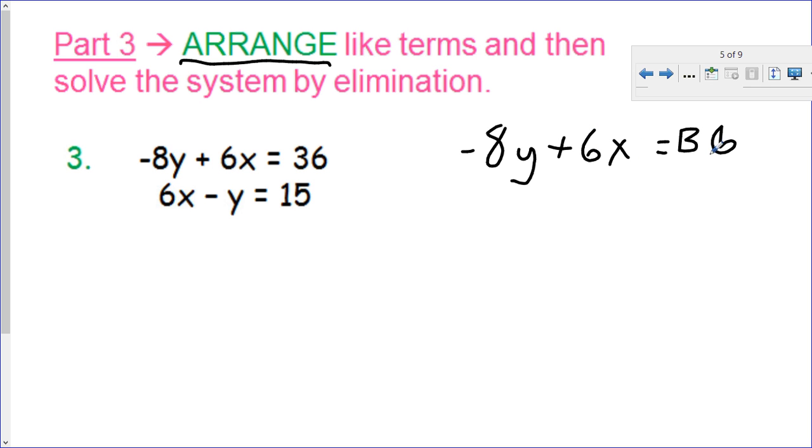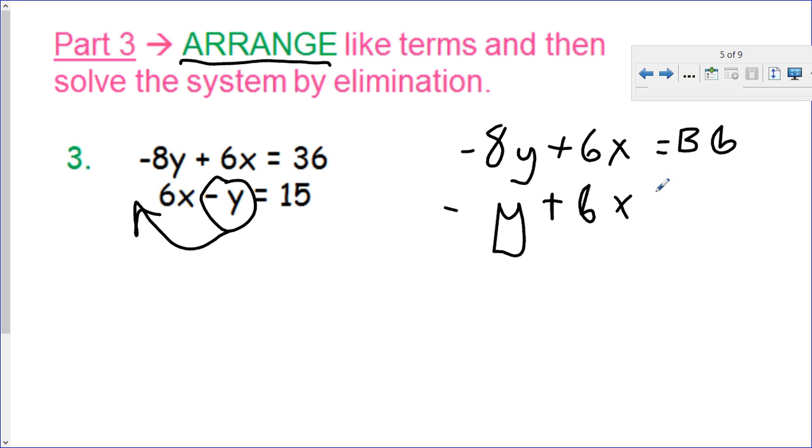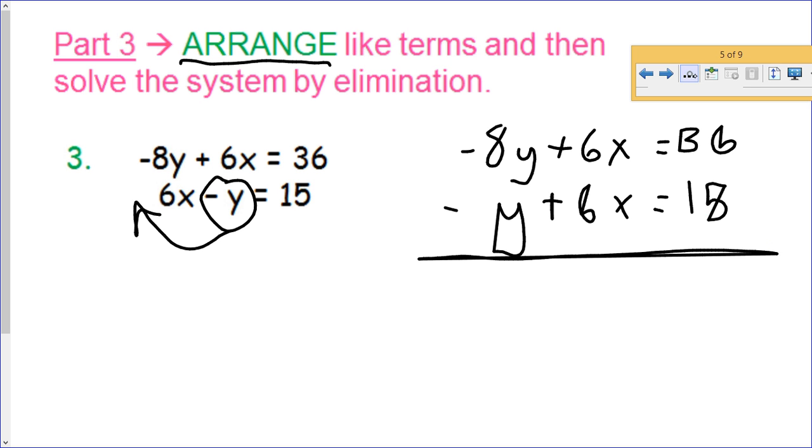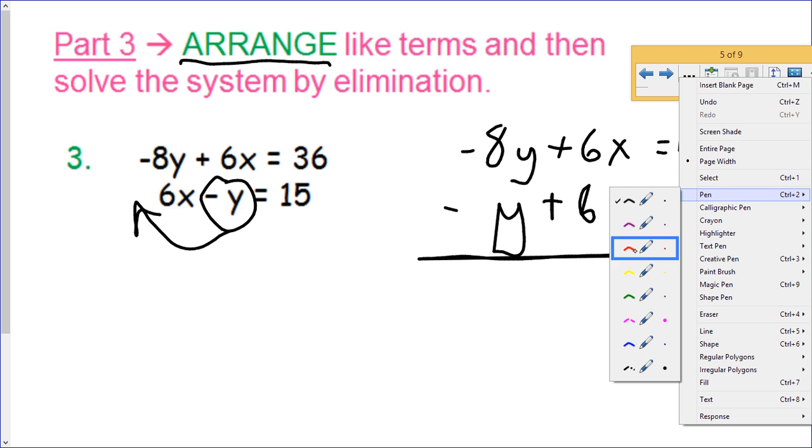I'm going to leave that one in that order. But then I'm going to take this term and move it over there. All I have to make sure to do is keep the negative sign in front of the y. So I've got a negative y plus 6x equals 15. Sorry about the numbers. My computer's being a little funky.